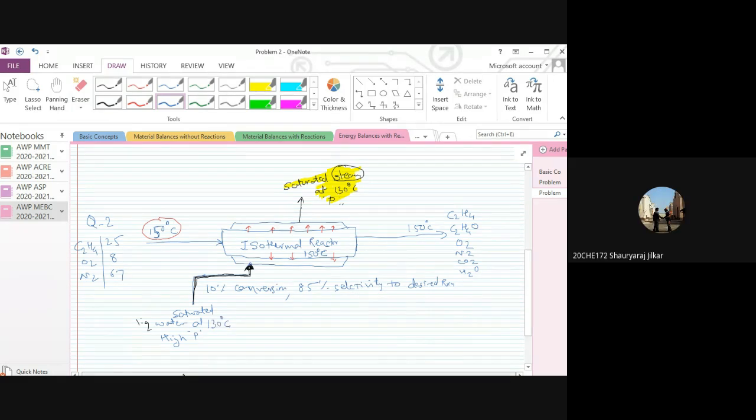Sir, if we allow it to heat, it will approach 150, and the rate of heat transfer will reduce. Okay, but why am I interested in making it saturated steam? Sir, latent heat is more than Cp. Correct. Latent heat is more, and what else? Then we will require less saturated water. No.